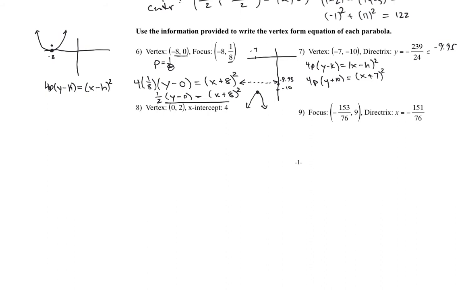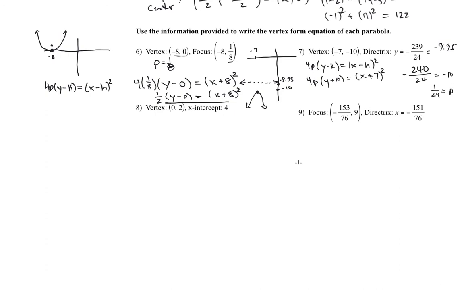The distance from -10 to -240 over 24 is 1/24. That's what my P becomes.